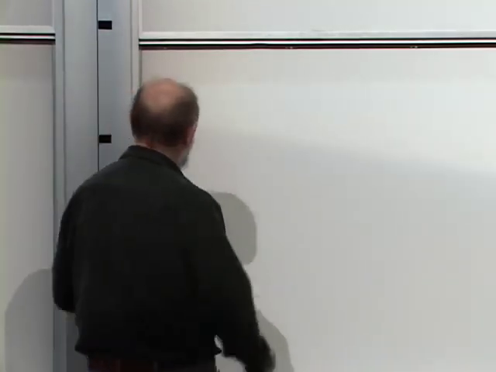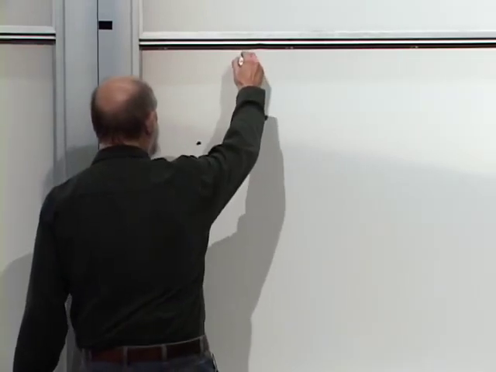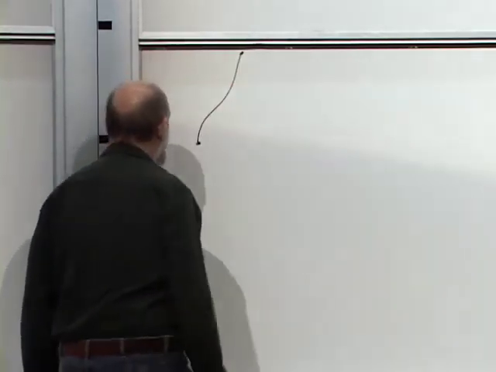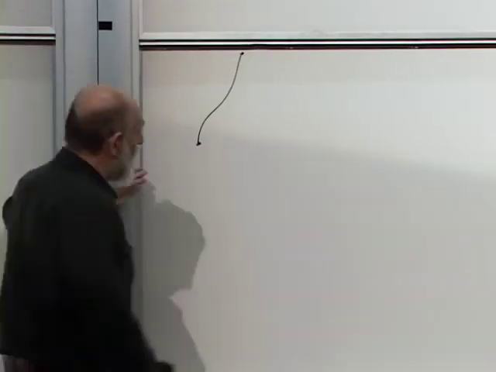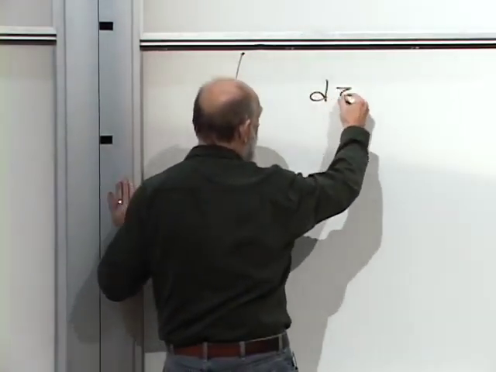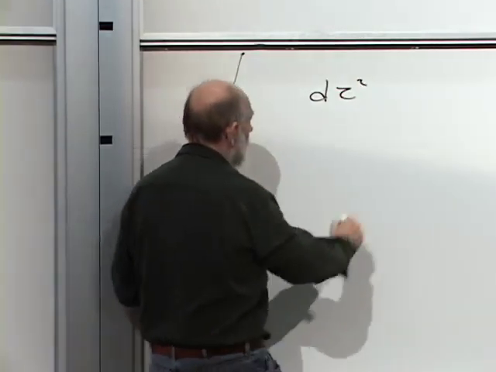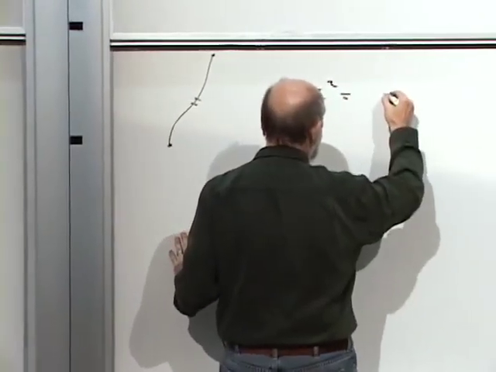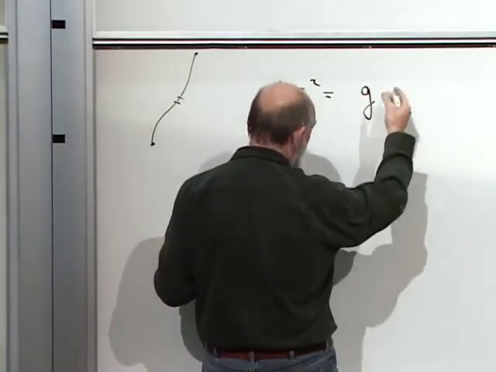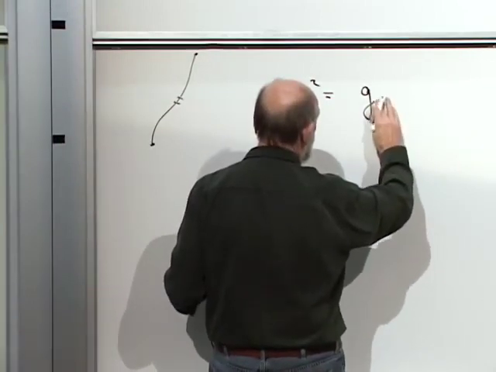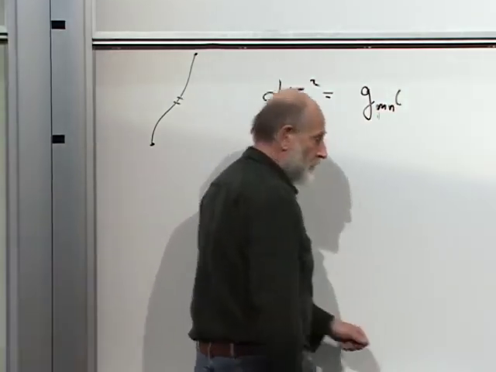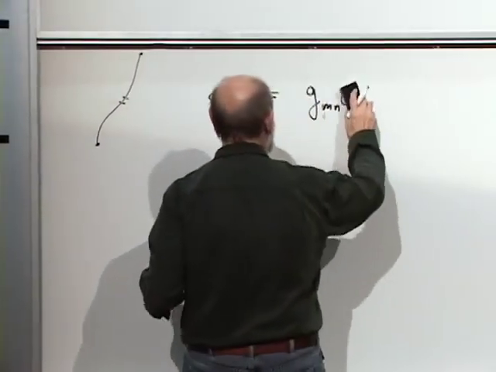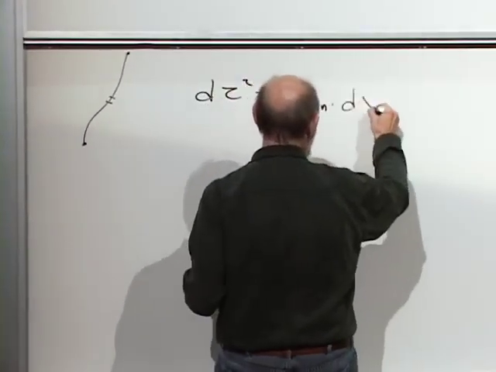Okay, so the definition of the action along a trajectory is minus the mass times the proper time along the trajectory. And the proper time squared along a differential little piece of it here is d tau squared equals g_mn of position, I won't bother writing what it is, dx^m dx^n.